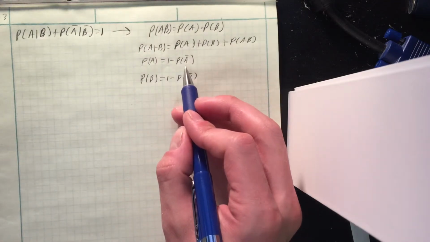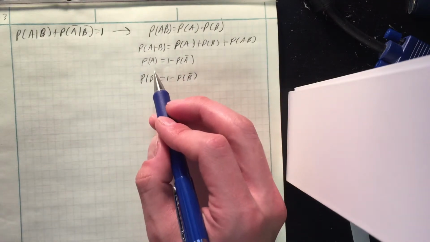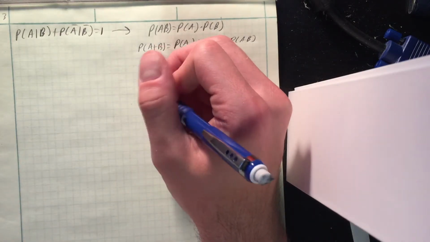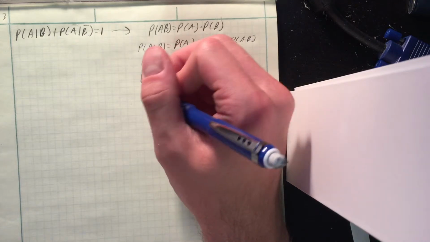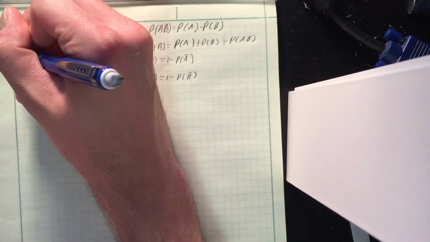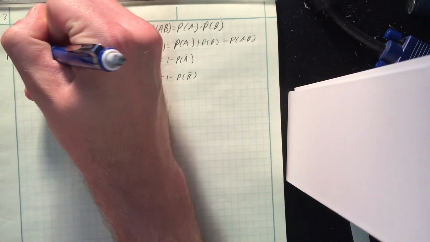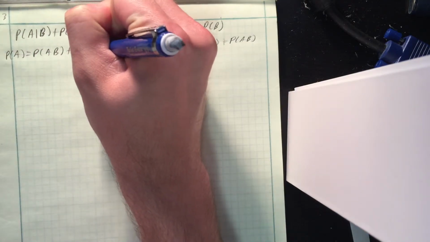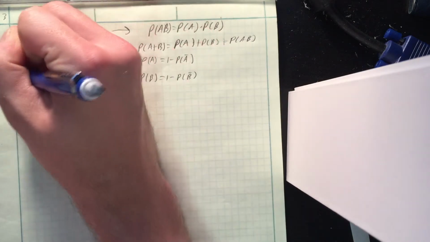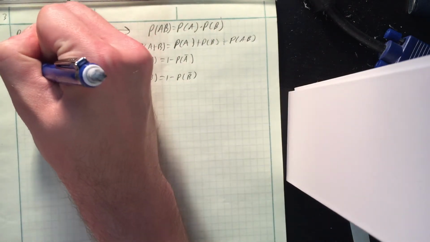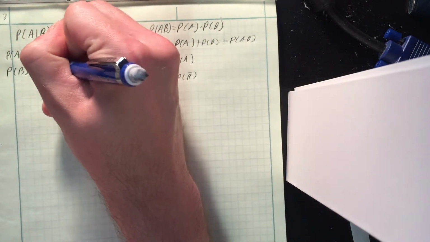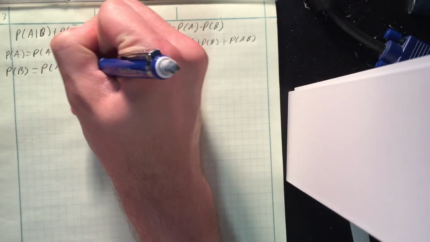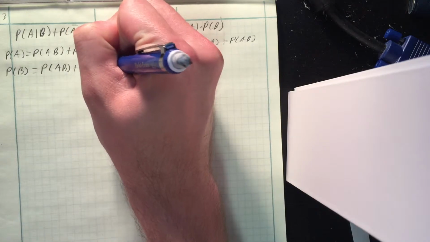Same goes for the probability of A naught equaling 1 minus the probability of A. Some other ones I've written down are the probability of A is equal to the probability of AB plus the probability of AB naught. Similarly, the probability of B is equal to the probability of AB plus the probability of A naught B.